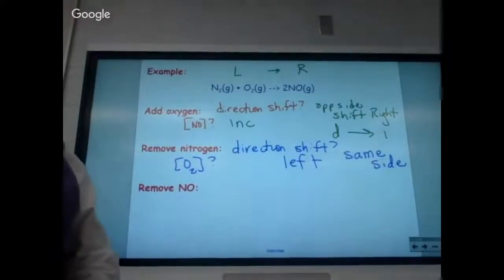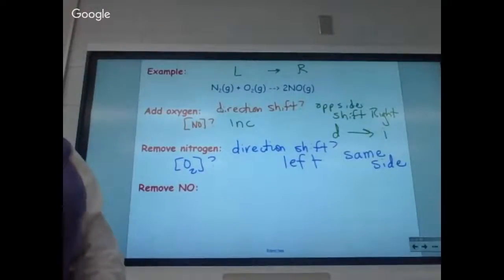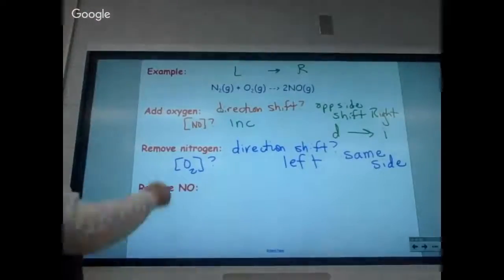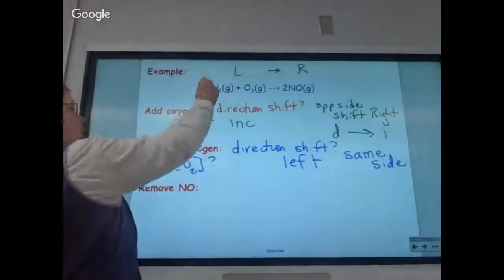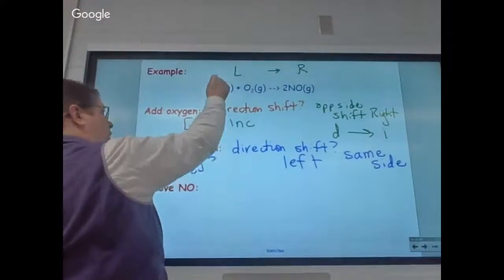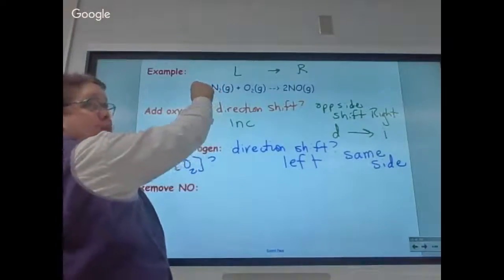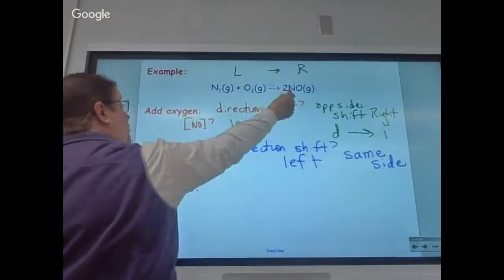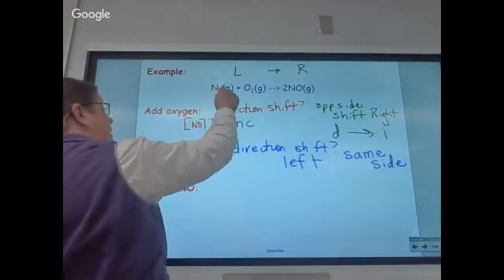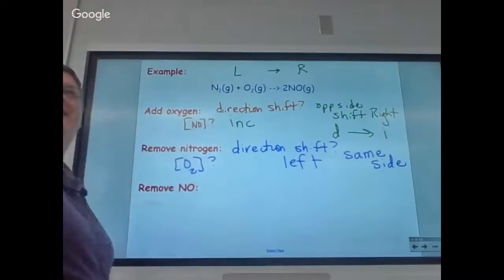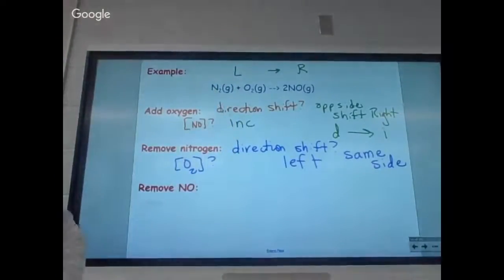The equilibrium is disturbed. So it was at equilibrium. We took N2 out of the equation. So the equation is shifting back this direction in an attempt to make more of what just got taken out. Okay, now it makes sense.